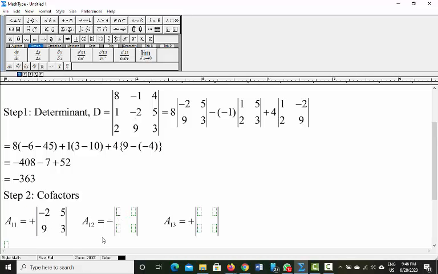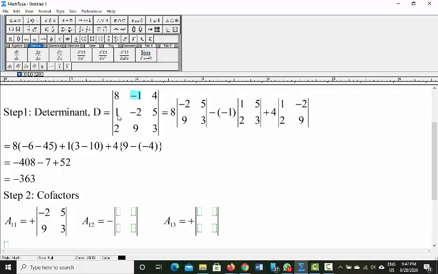Now we will ignore first row, second column, because we want to find the cofactor of this one. We will ignore the first row and also the second column.